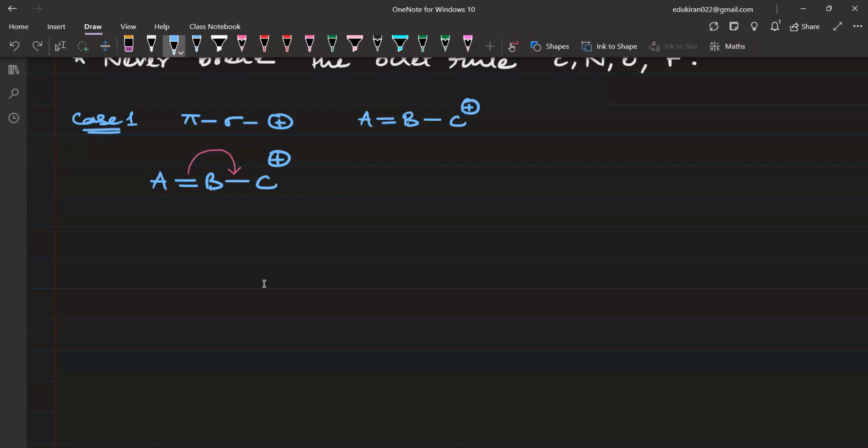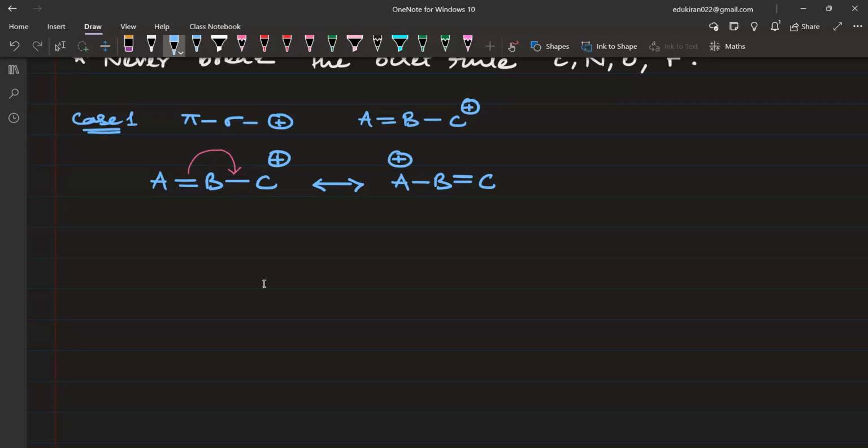The resonating structure will be something like this. Double bond has shifted to BC, and C will be neutralized because it was having positive charge. It got an electron. Atom A is giving electron, that is why it will be having a positive charge like this. Okay, so this is the simple case that we are going to see.